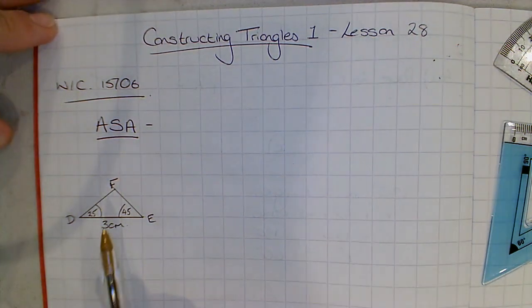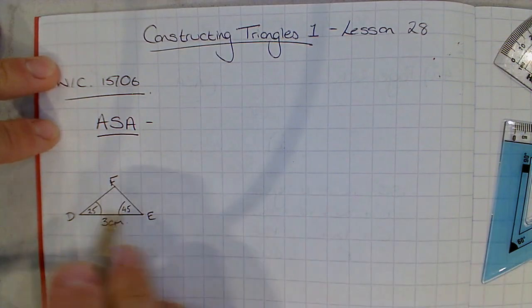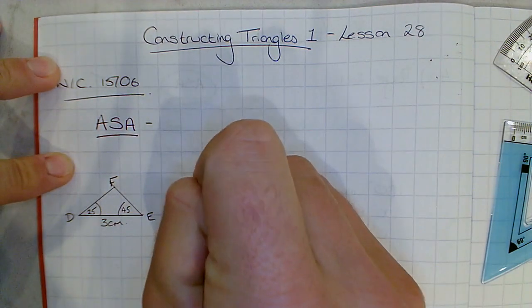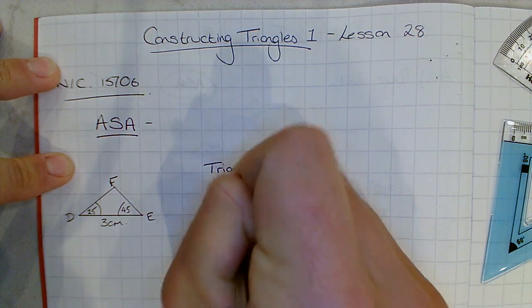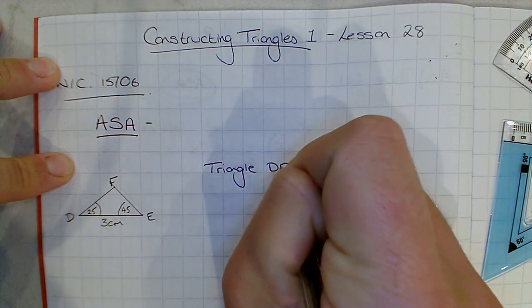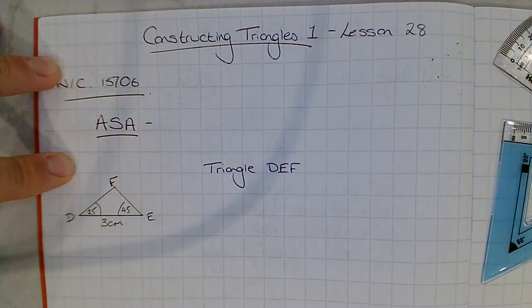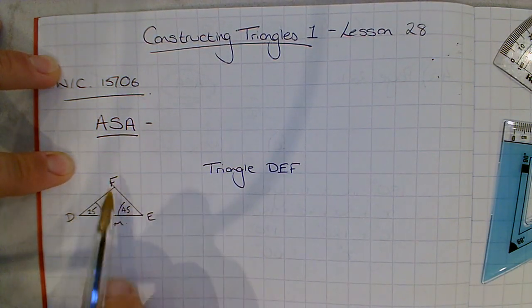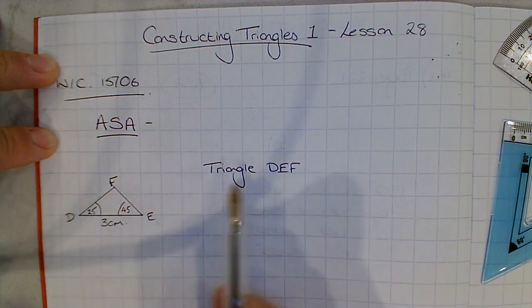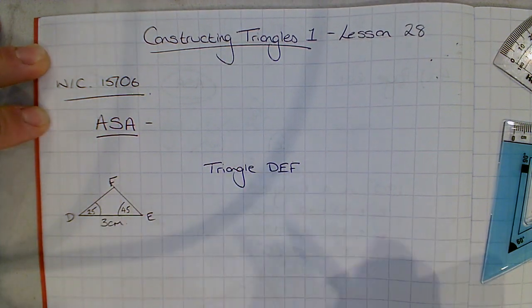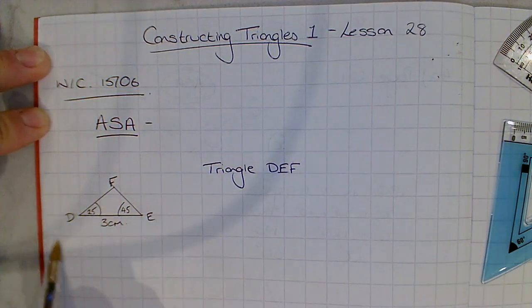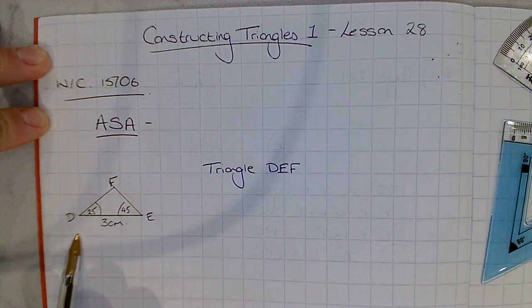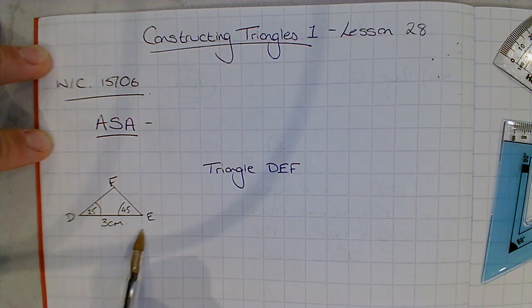So for this triangle here, we would call this triangle DEF. Okay, this is just in alphabetical order, so we use the vertices of our triangle and we just do it in alphabetical order, so D, E, F. Okay. Nice and straightforward. Then, secondly, we need to talk about how we detail the lengths. Okay, so all these sides have got different labels.